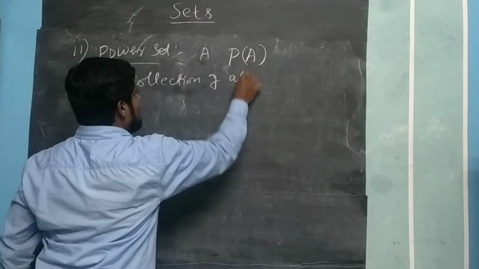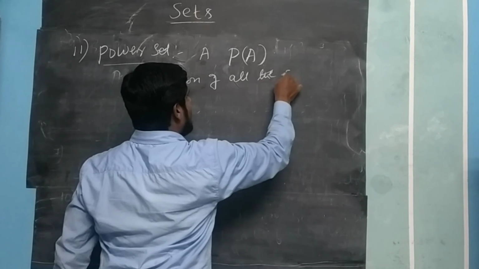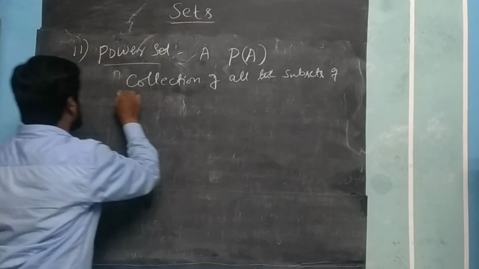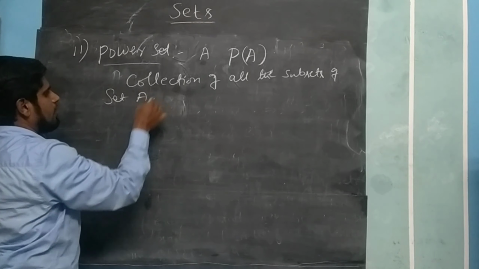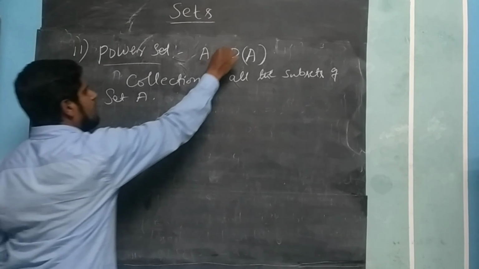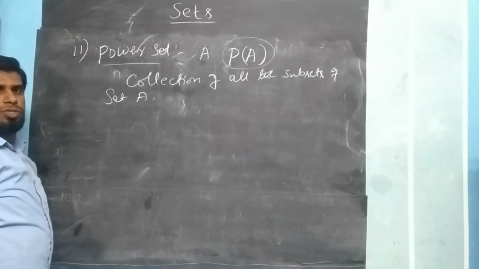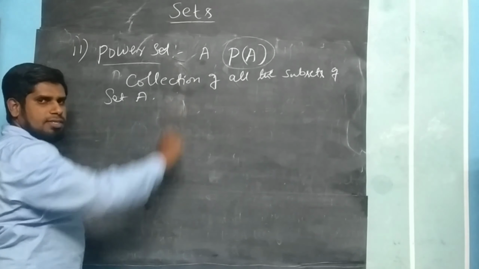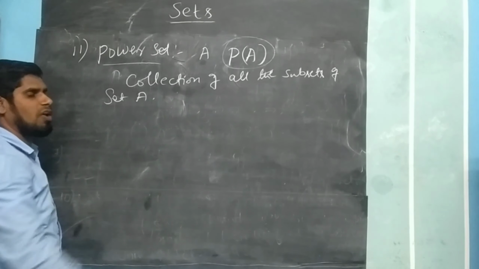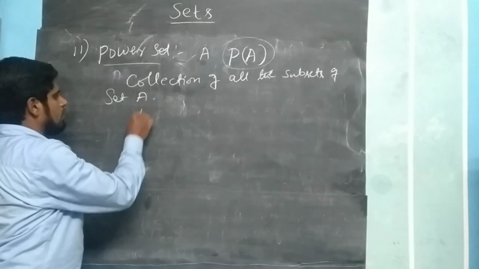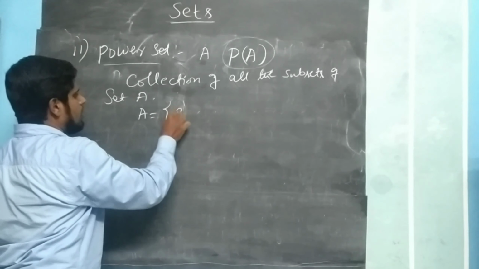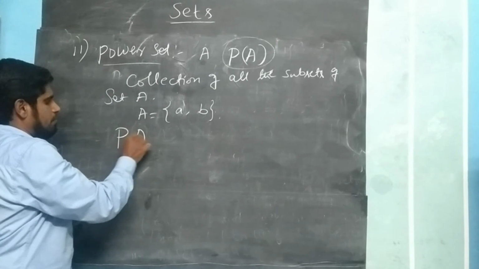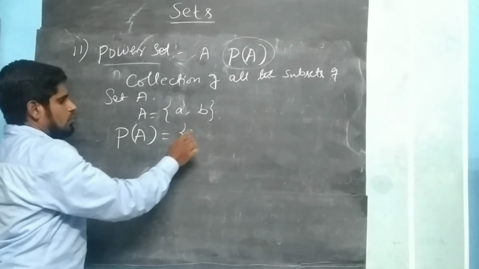It is the collection of all the subsets of set A. It is represented by P of A. So here it means I need all the subsets, but those subsets again I should write as a set, that is between two curly brackets. If A is a set that has two elements, then P of A, the power set, I should write in curly brackets.